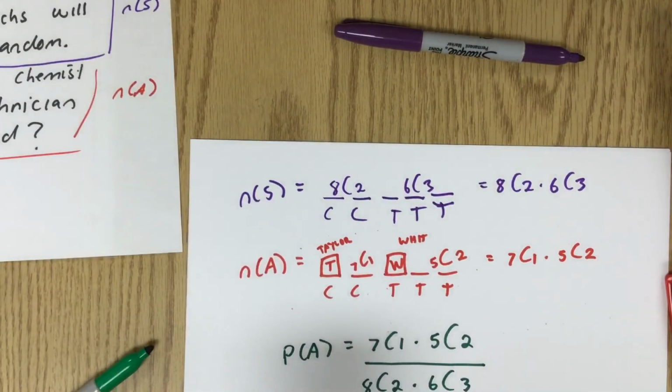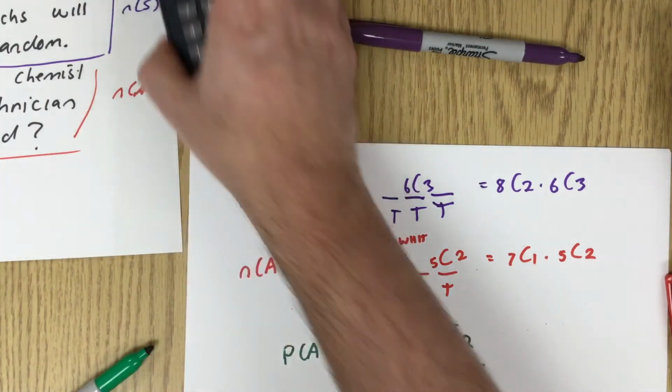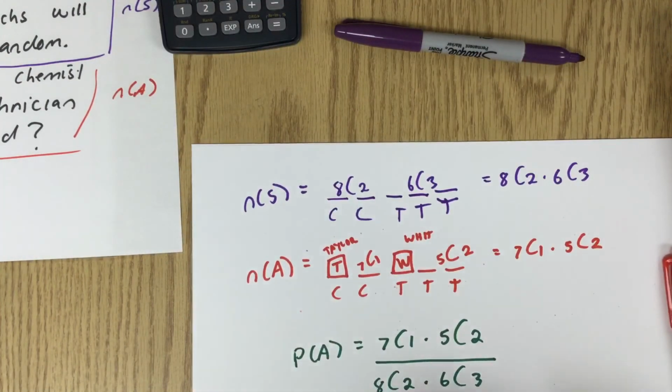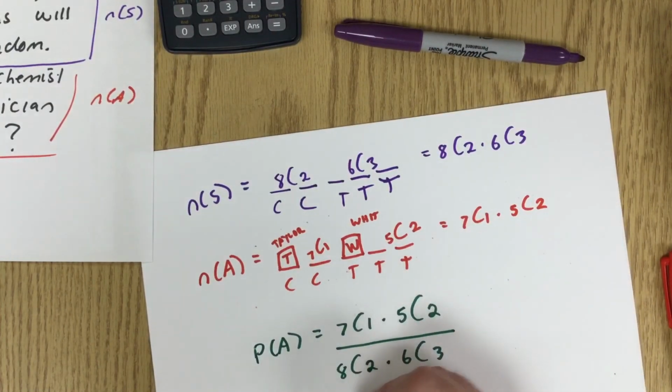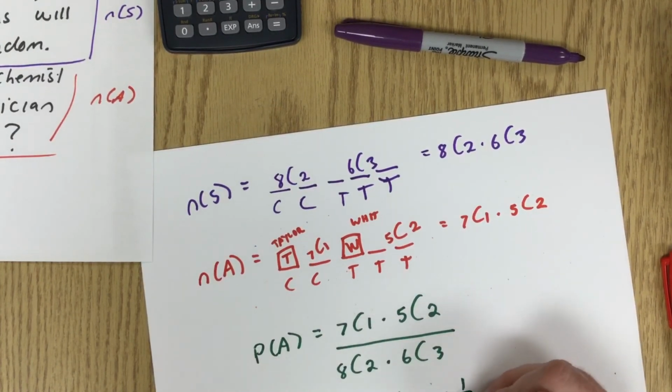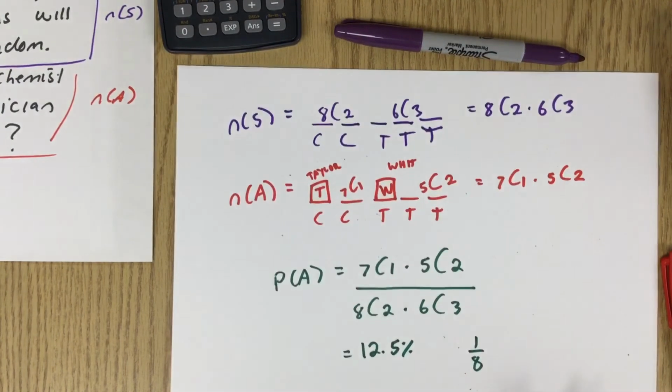And that can actually also be tricky to type in, so I would type 7 times 5 choose 2 divided by 8 choose 2 times 6 choose 3. I got 12.5%, which looks like an eighth by the way, which I think is 1/8. And that's how you do that one.